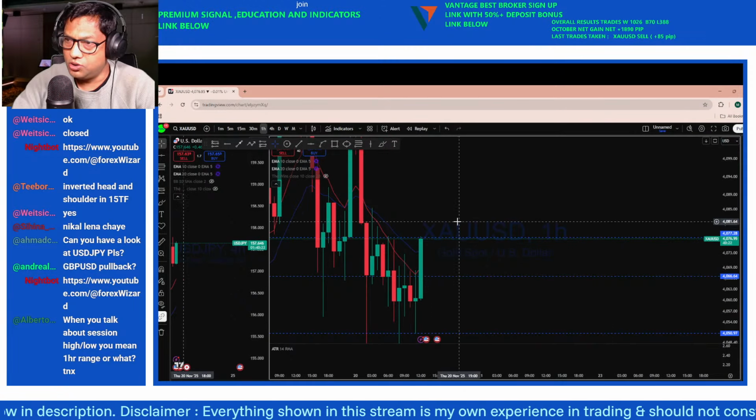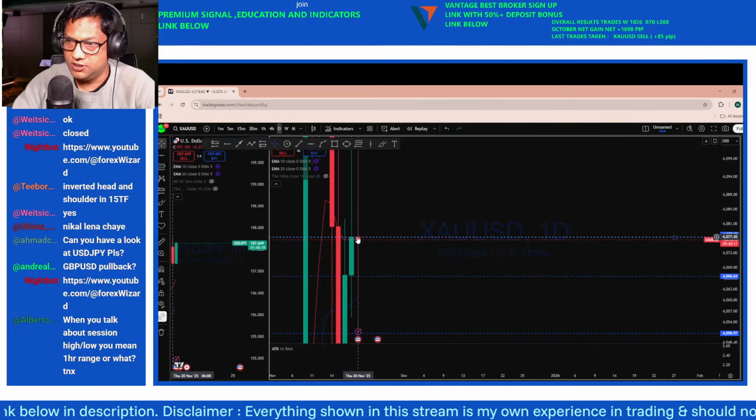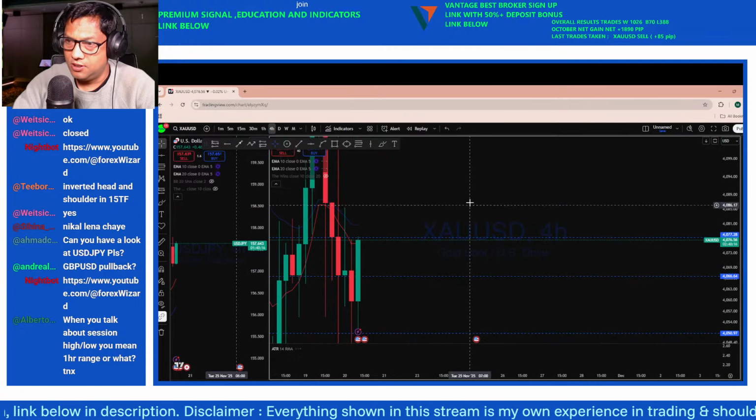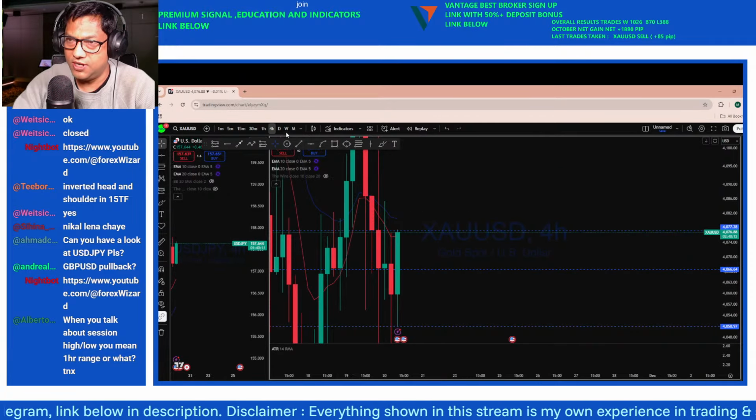So it crossed all this high and tested this. This is the daily resistance, and that's one single move back to the daily resistance.